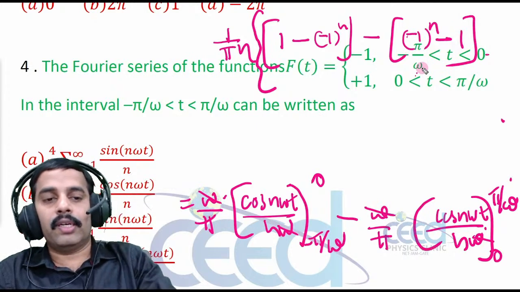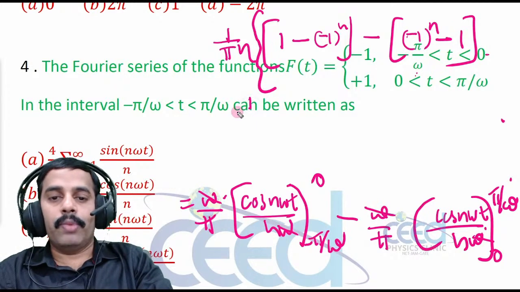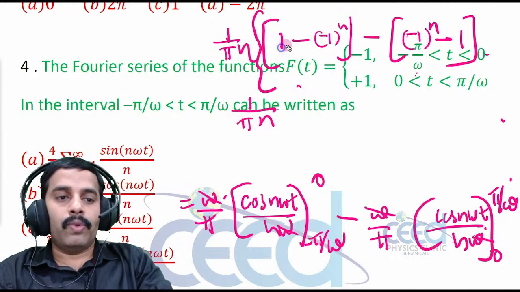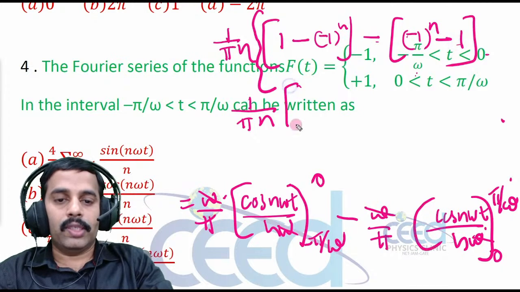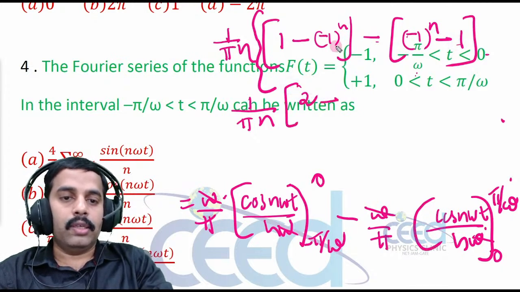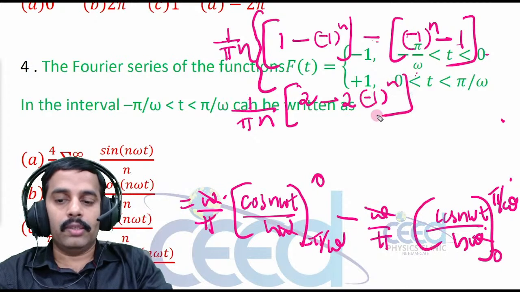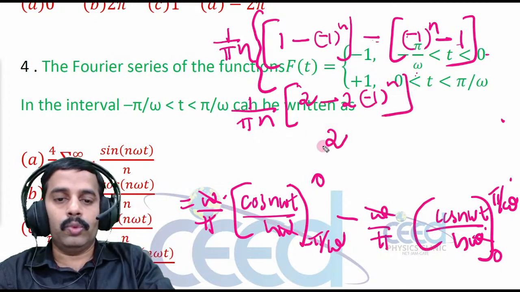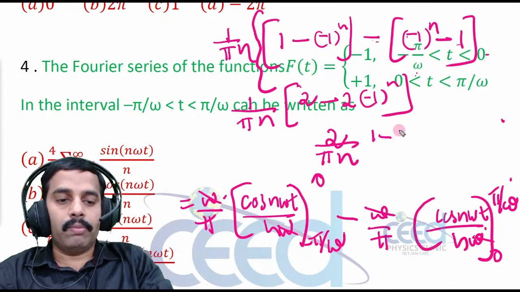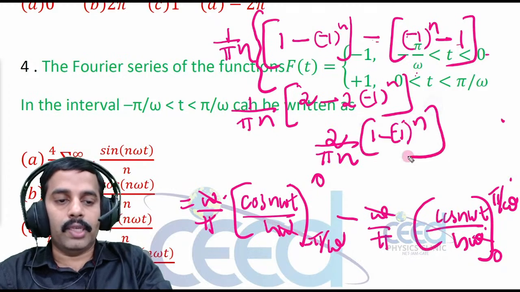So we can write this as 1 by, so let me take pi n out. So 1 minus minus 1. So here we have 2, right? Here we have 2 times minus 1 raised to n, here minus. So 2 times minus 1 raised to n. Alright. So this is equal to 2 by pi n into 1 minus minus 1 raised to n. So this will be the result.